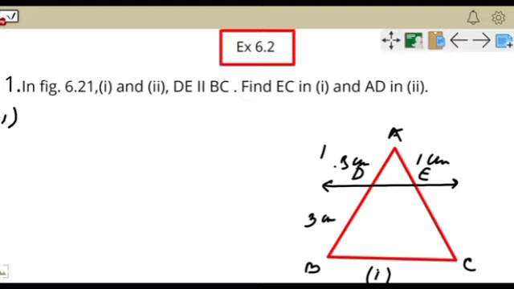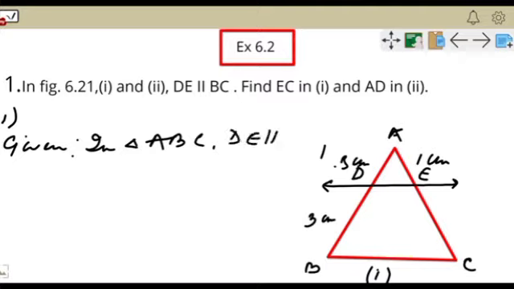First, let us write the given. In given, what shall we write? We'll just write here, in triangle ABC, I can write here DE is parallel to BC.